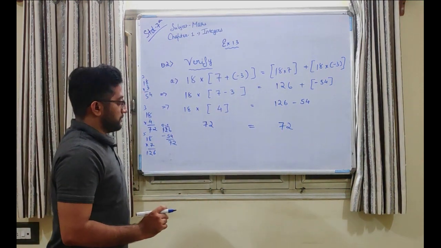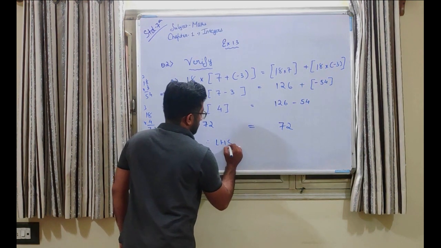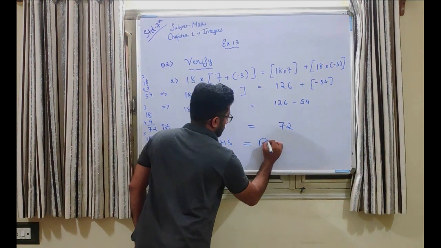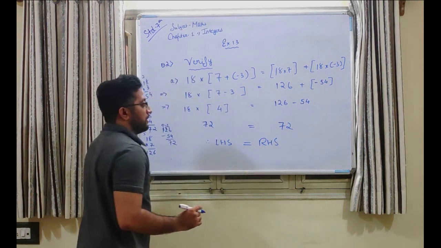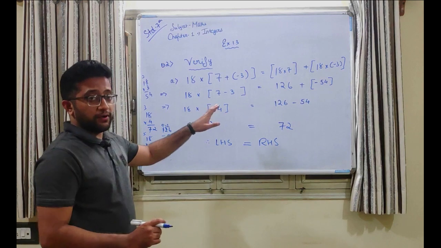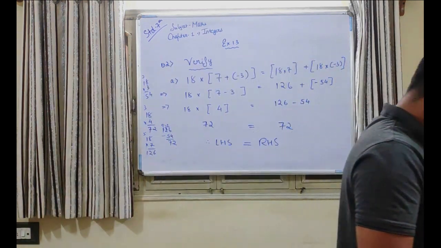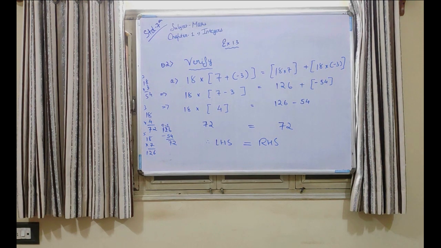Okay, so yes, therefore our LHS is equal to RHS. So we have verified, proved that in this question the first one is verified, that is LHS equal to RHS. The equation holds true there. You have to try the same, that is question number B, in your homework. If you have any doubt, you can ask me the same in the comment section.